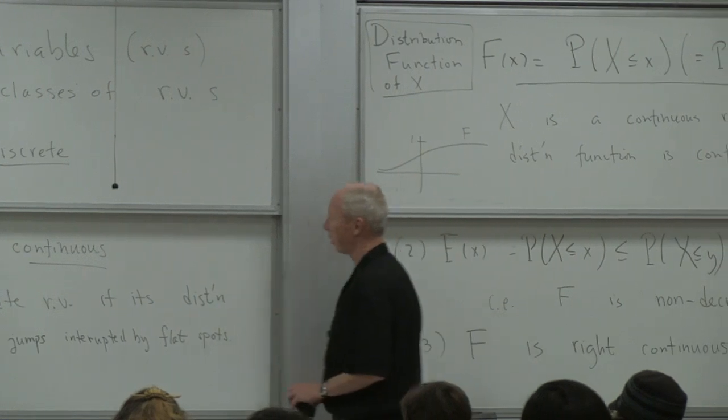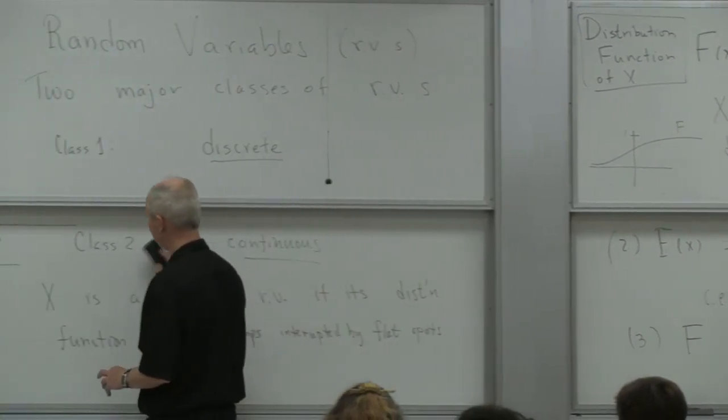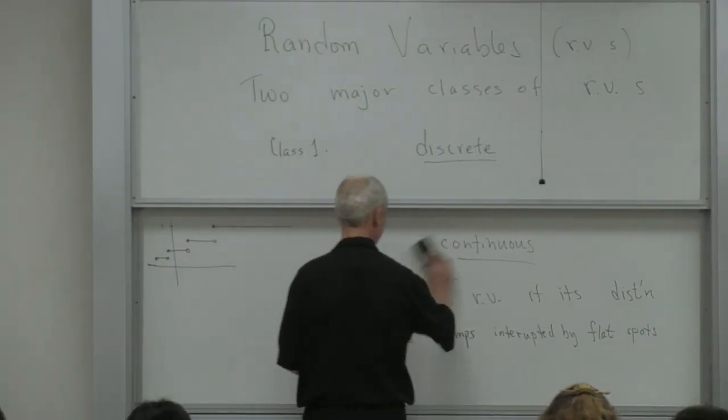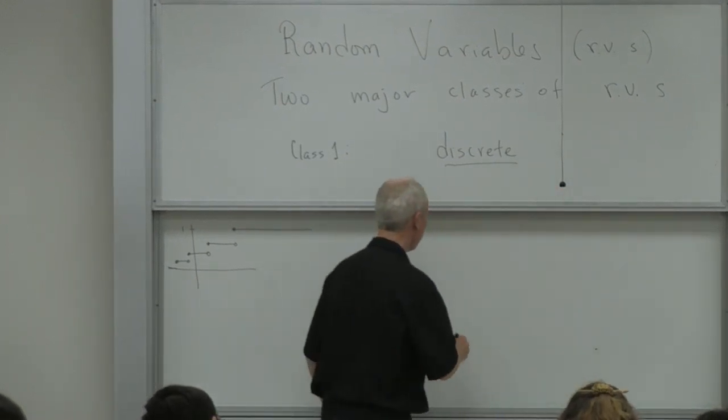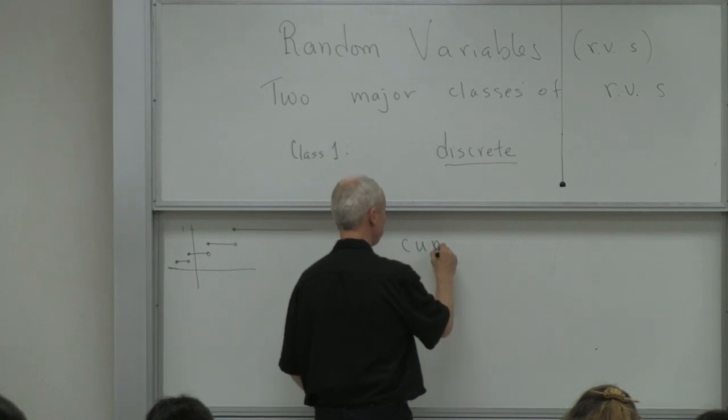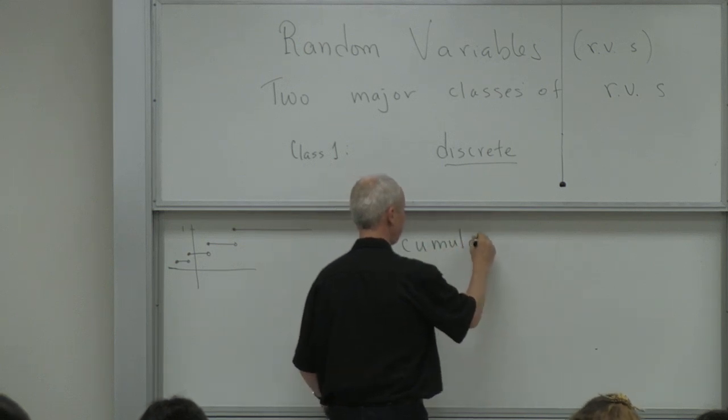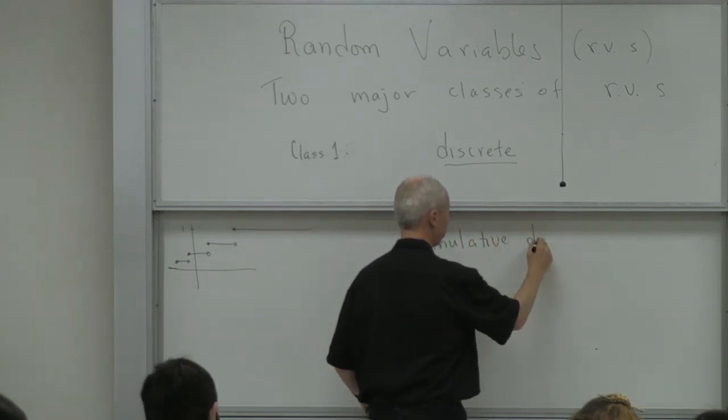So let's look at examples of discrete random variables. Oh, by the way, the book would call a distribution function a cumulative distribution function.